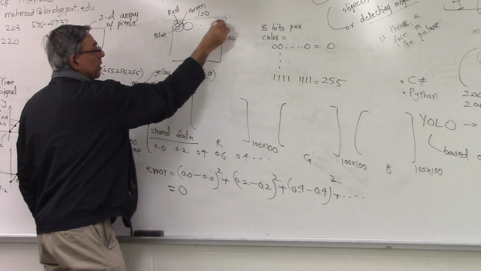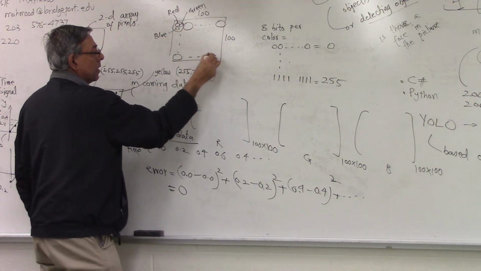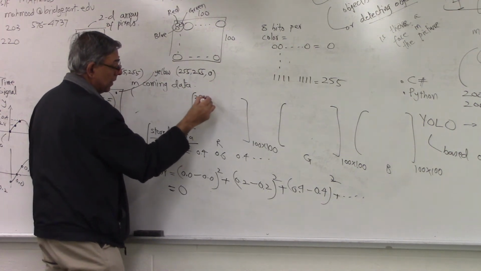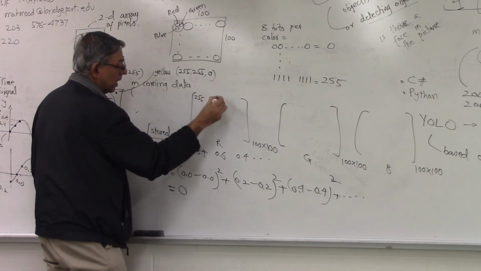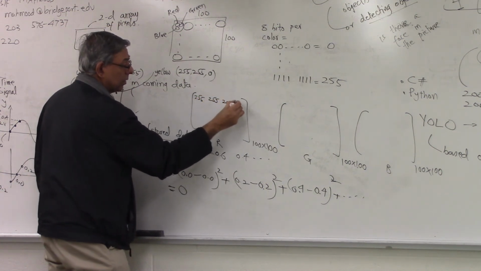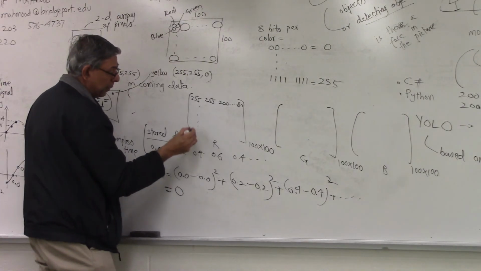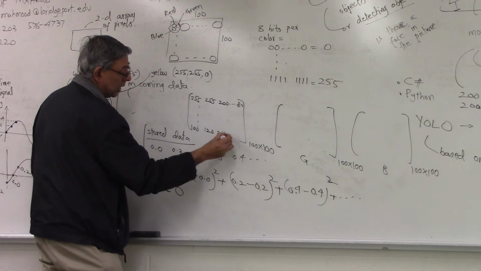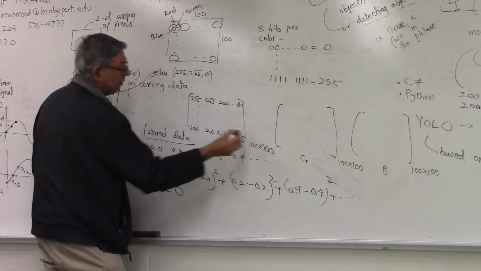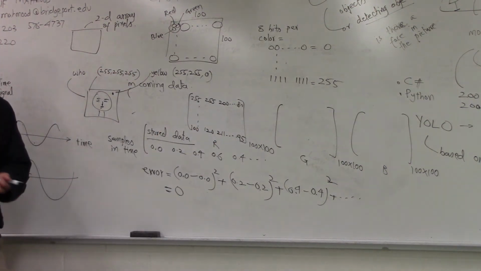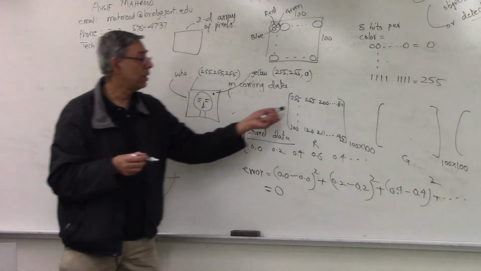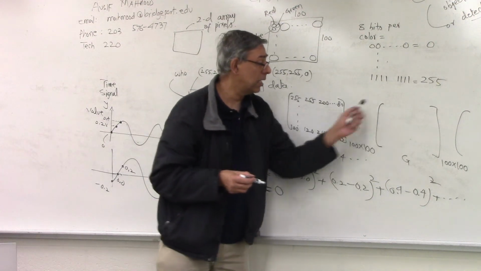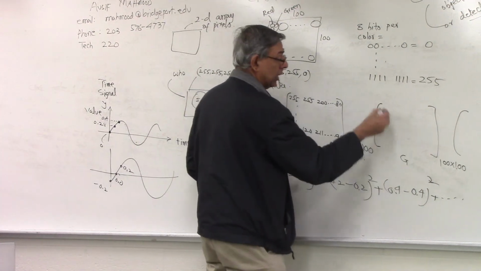Okay, so whatever each pixel value for the red part is, so if the red part is 255, 255, let's say 200, and so on, 80. So anyway, there will be a bunch of numbers, 100, 120, 211, 95, right? So basically there will be a set of 100 by 100 numbers representing the red color. There will be a set of 100 by 100 numbers representing the green color.